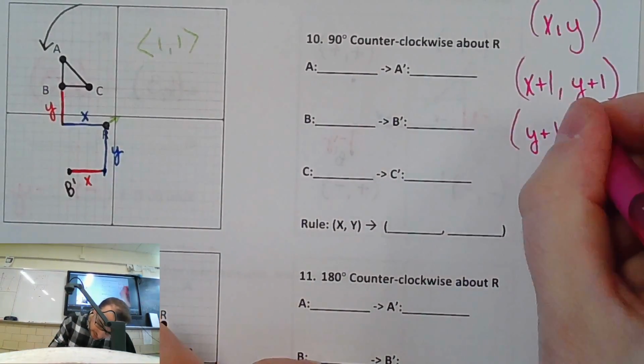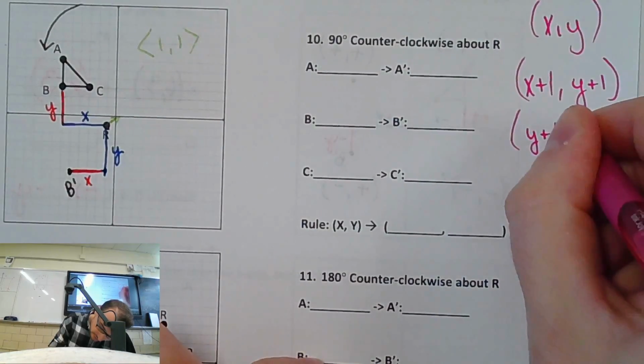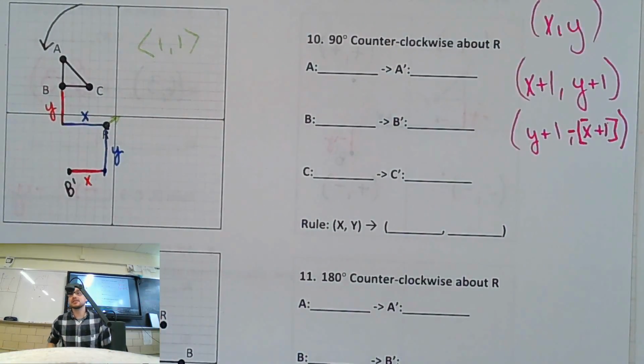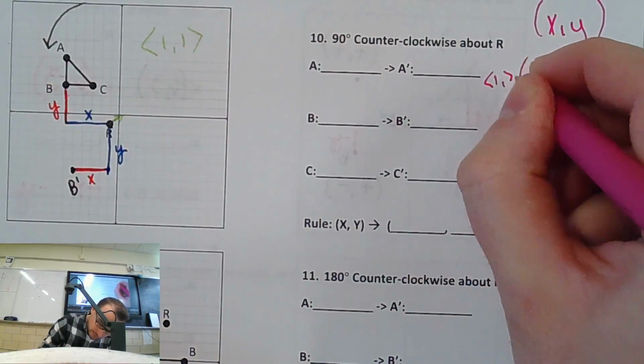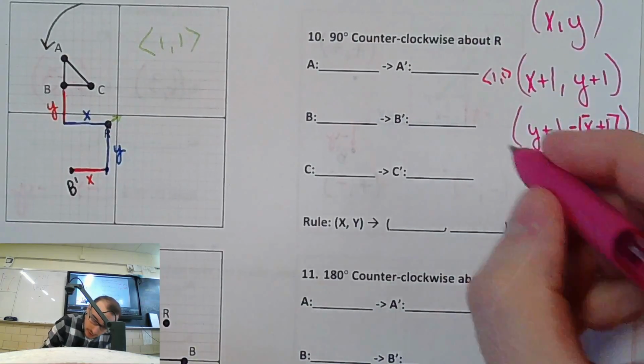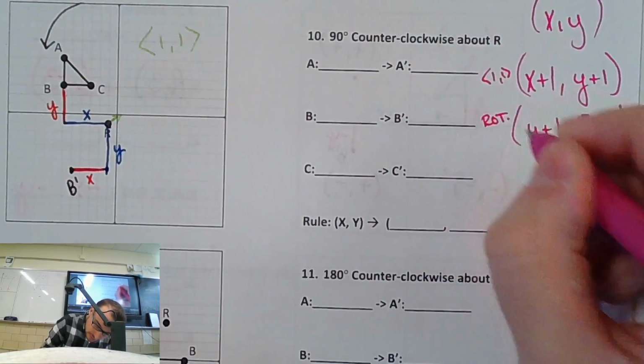So I'm going to negate all of this, in parentheses, that's important. So after we add 1 and flip it, we're going to negate it. That's our rotation. So here was our vector, (1, 1), that we applied. Here is our rotation.